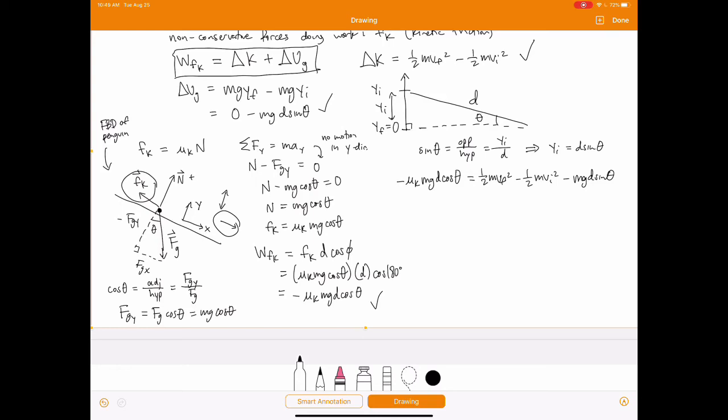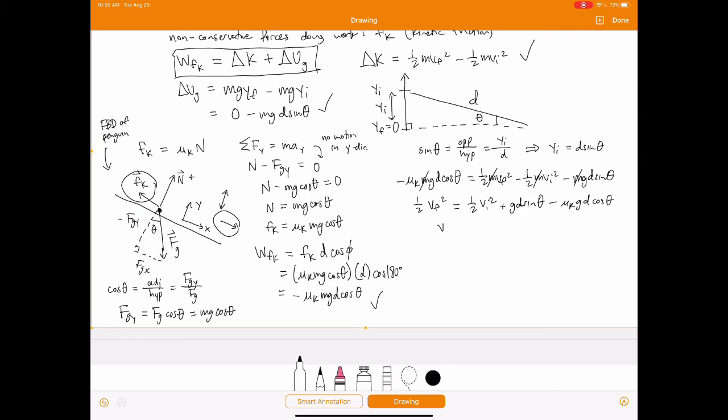Okay, so that's what we're plugging into our energy equation. Notice that one thing we can do is immediately cancel out the mass, just divide it out on both sides. And again, we're trying to find v final. So if I solve for v final here, let's say 1/2 v final squared is equal to 1/2 v initial squared, so I put the v initial term on the other side, plus g d sine theta, and then minus mu k g d cosine theta.